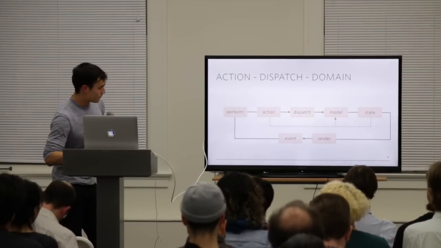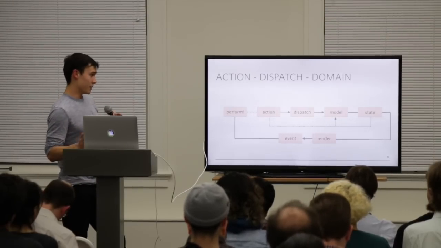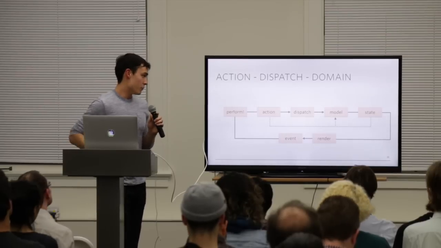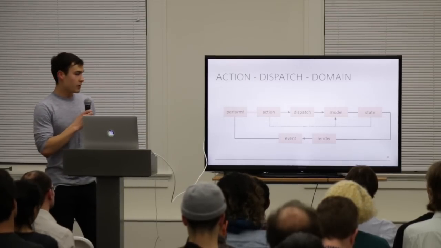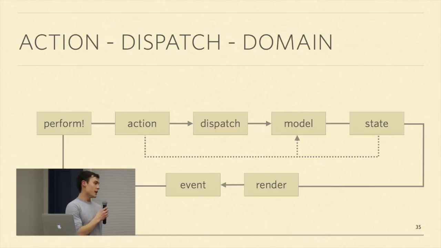So if we have a hypothetical system with this perform action, dispatch kind of layout, the UI will be concerned about performing semantic actions on the system. It's the action's purpose to produce messages that will be dispatched out to your models, and this happens asynchronously.